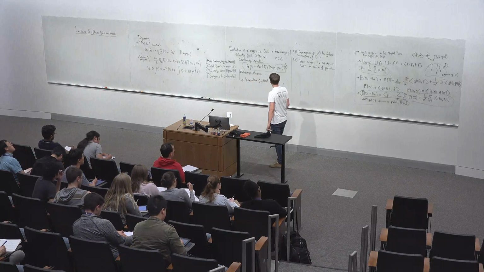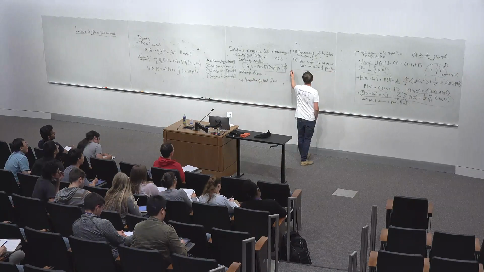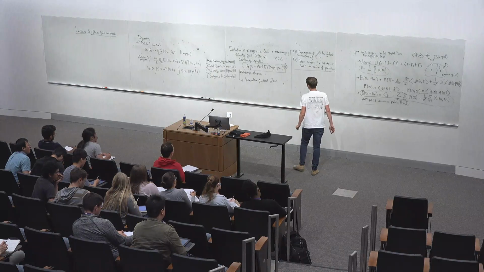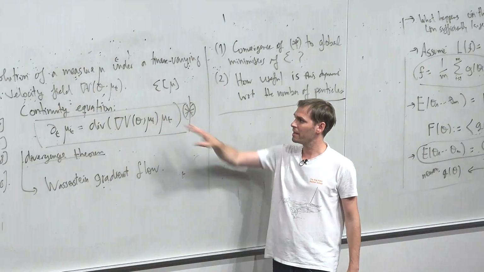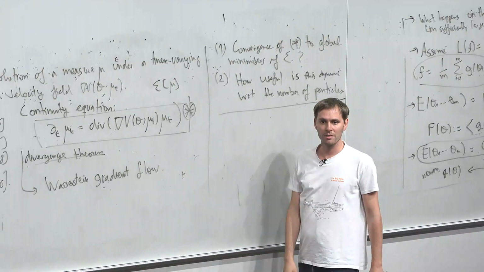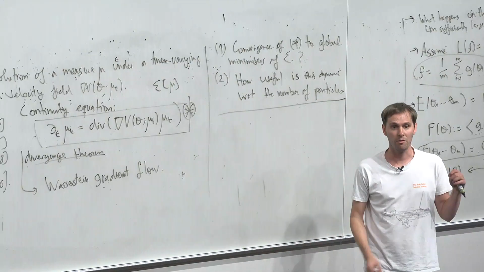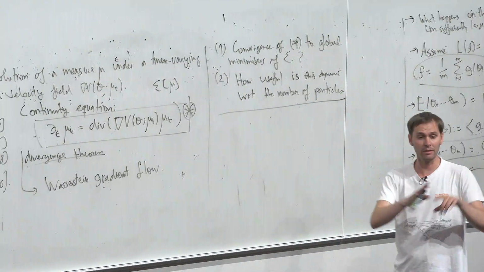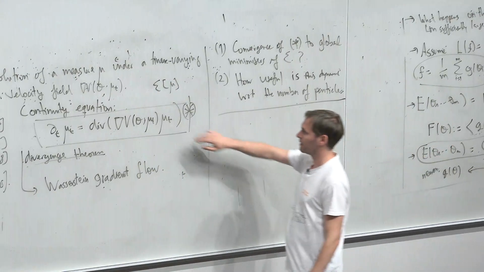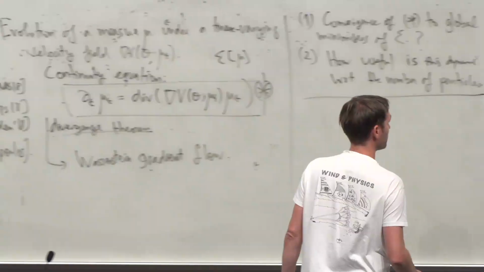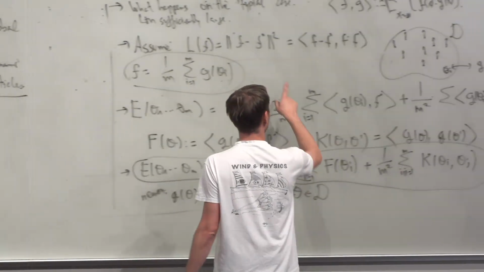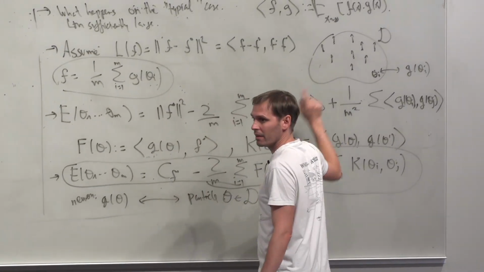Okay, so for the first one, remember, here we have a formalism that is a PDE, the PDE that describes the behavior of basically the locations of the particles. And this PDE is valid even for measures that have no regularity. For example, measures that are really the empirical measure, right? Like the measures that look like this, right?